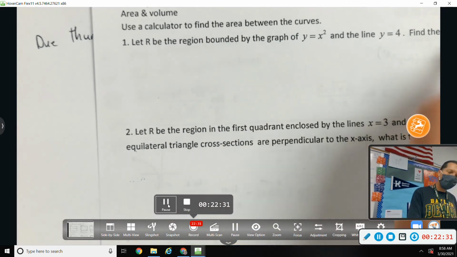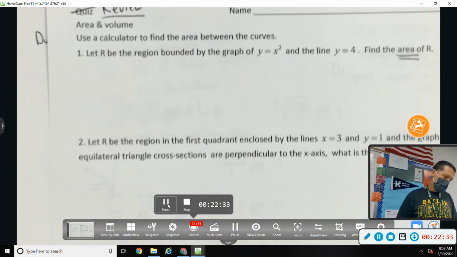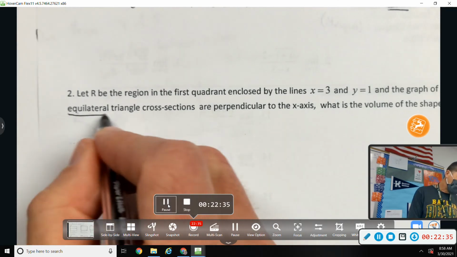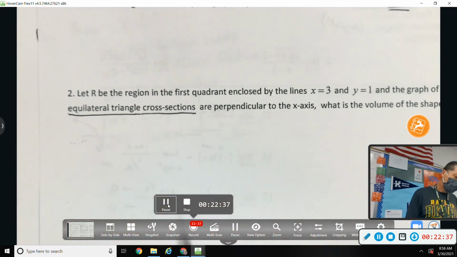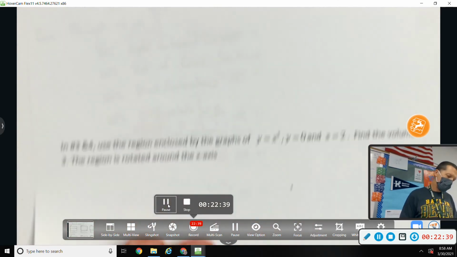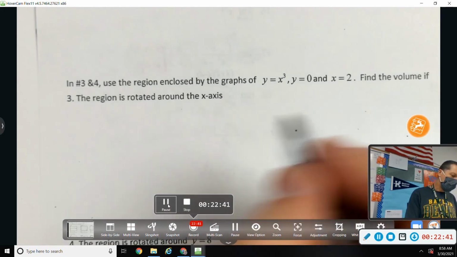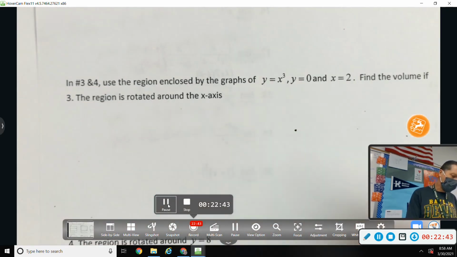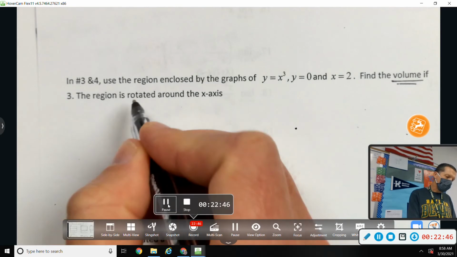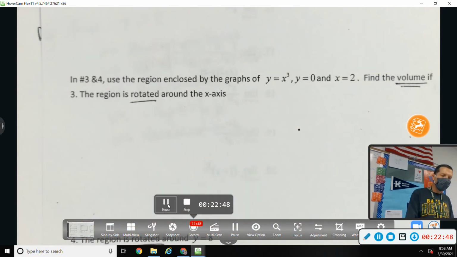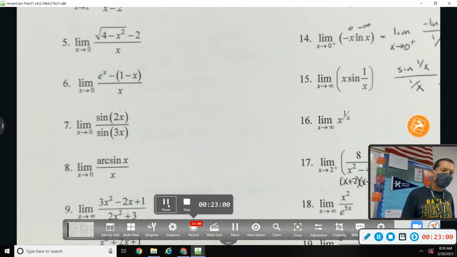Number 2 is equilateral triangle cross sections. 3 and 4 are volumes of revolution. It's just one of each thing to remind you of what's going on. I'll have more information about the test tomorrow, and I'll take questions tomorrow, and we'll be ready to test on Thursday.